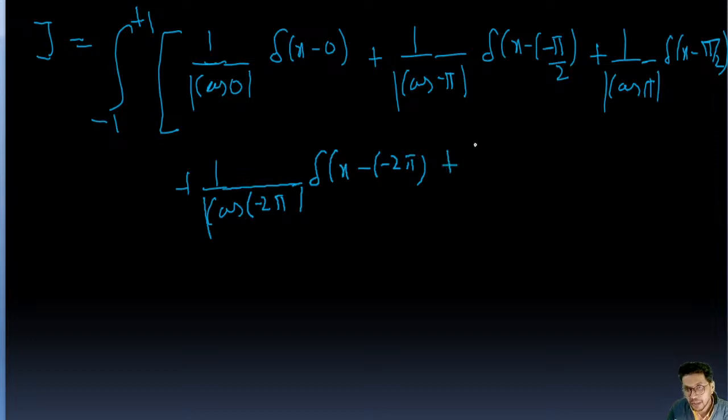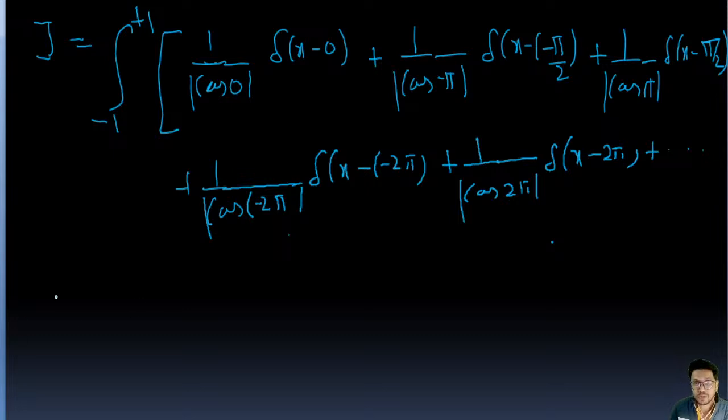Okay, plus 1 upon cos, now n equal to 2 we'll put. So cos 2 pi mod, and delta x minus 2 pi. We have put n equal to 0, n equal to minus 1, n equal to plus 1, n equal to minus 2, n equal to plus 2, right?